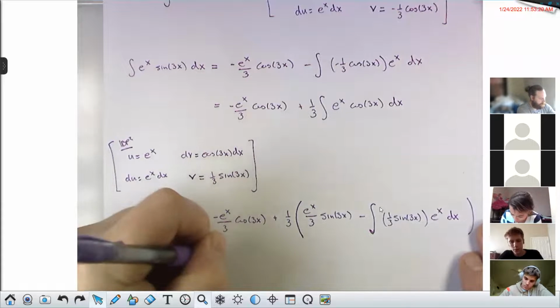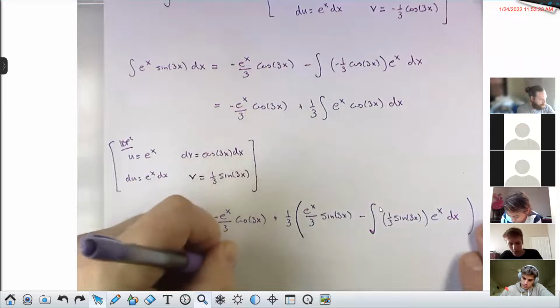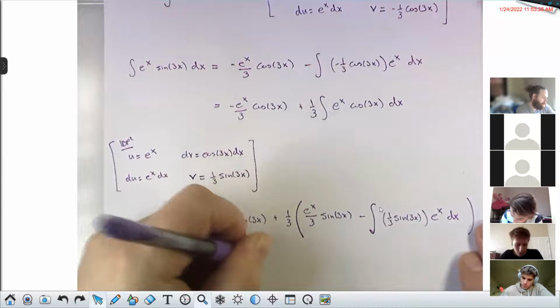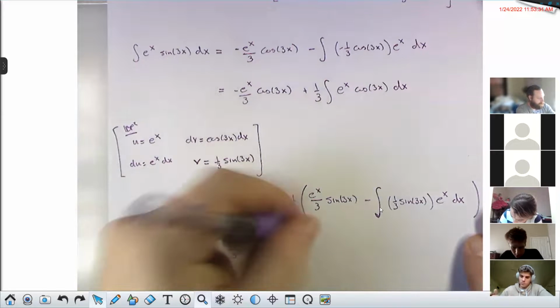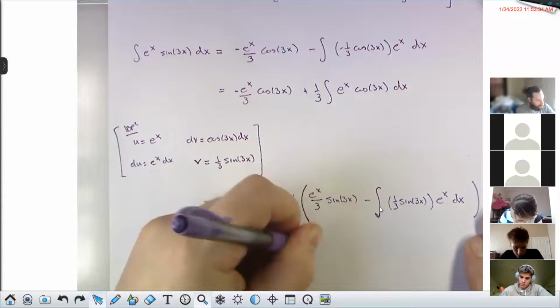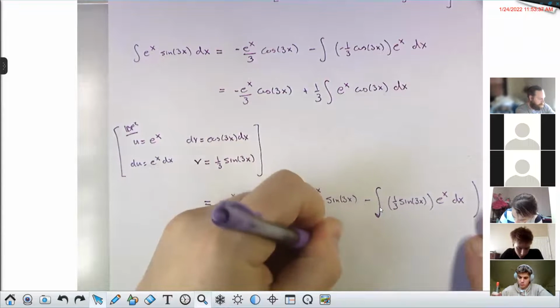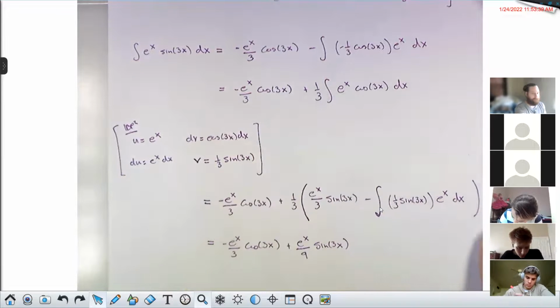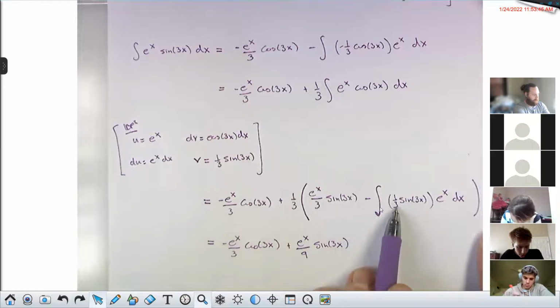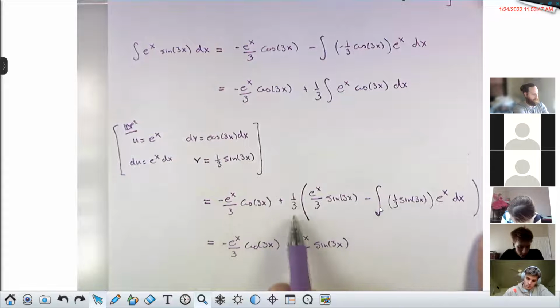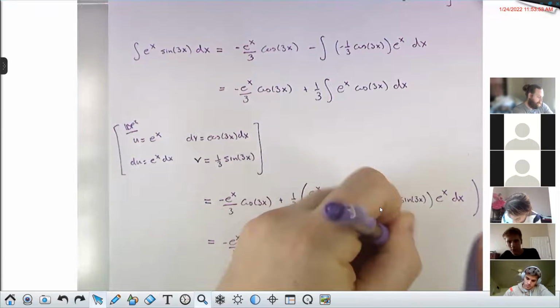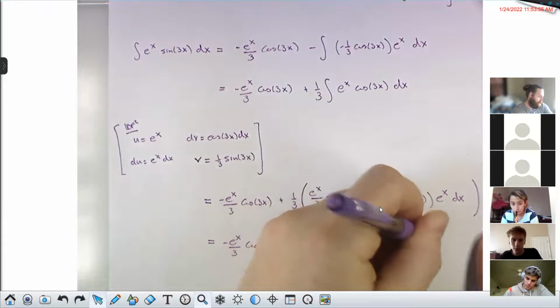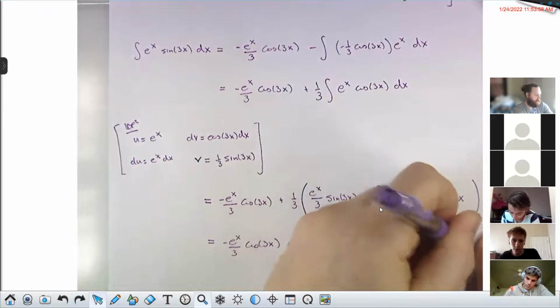So when I do that, I get negative e to the x over 3 times the cosine of 3x. 1/3 times e to the x over 3 sine 3x is e to the x over 9 times the sine of 3x. And this integral is negative 1/3 e to the x sine 3x. When I multiply that by 1/3, it becomes negative 1/9 integral e to the x sine 3x dx.